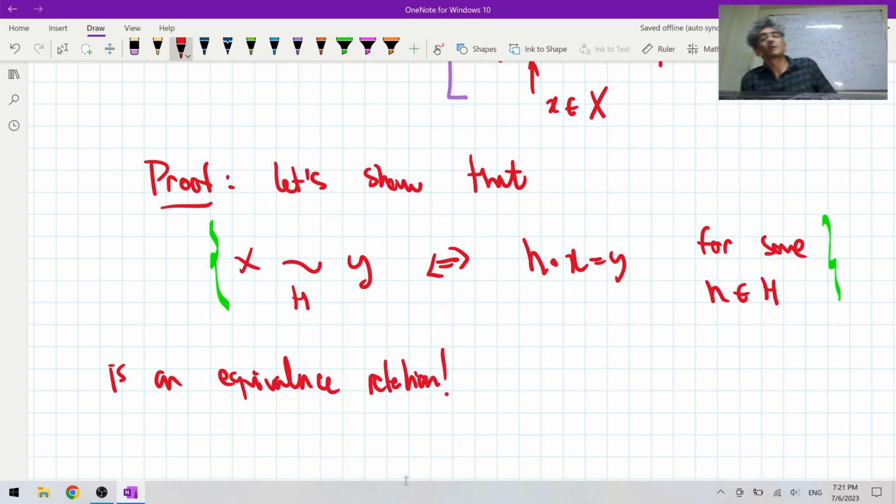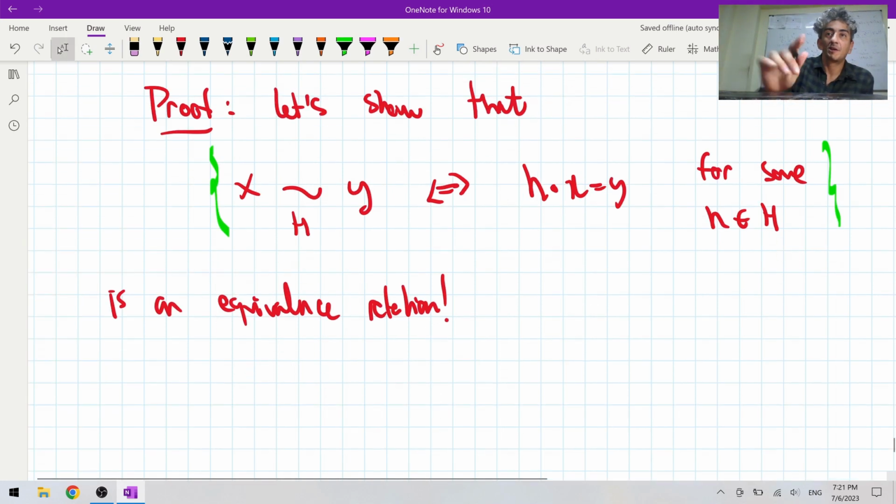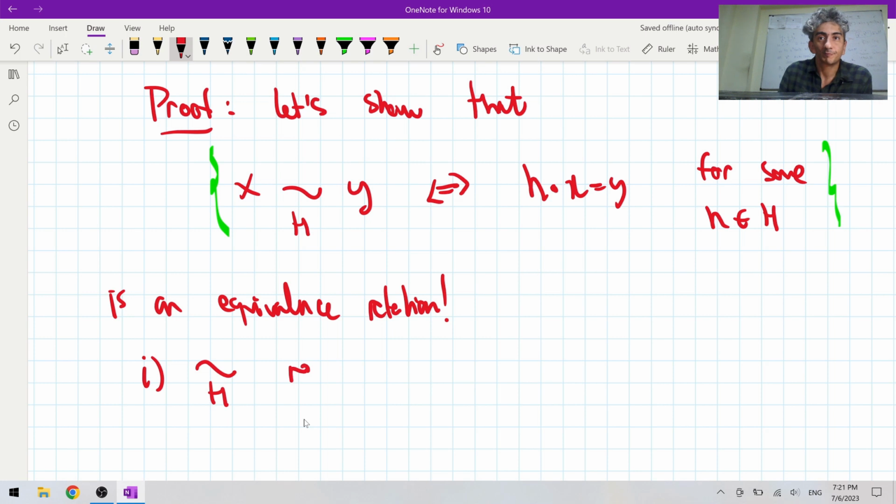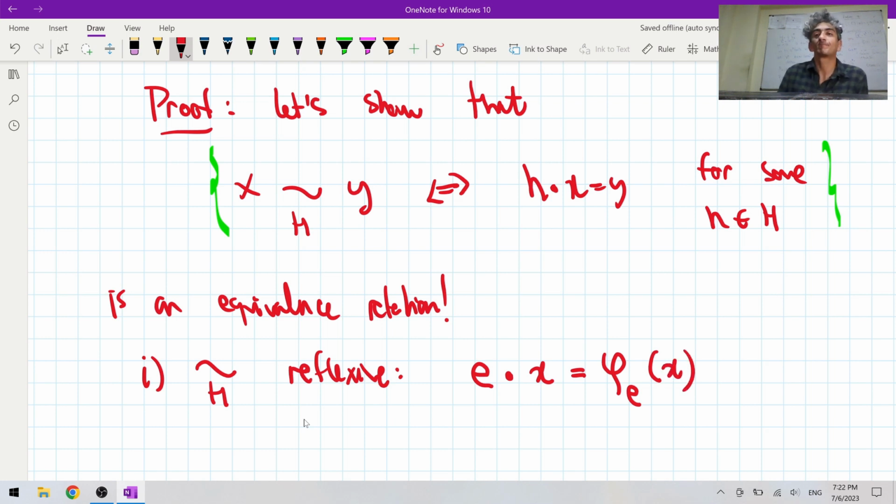To show that this is an equivalence relation, we need to show three things. First of all, we need to show that this is reflexive. That's easy because the identity acting on X is simply phi of the identity applied to X. But we have said that psi is a group morphism.